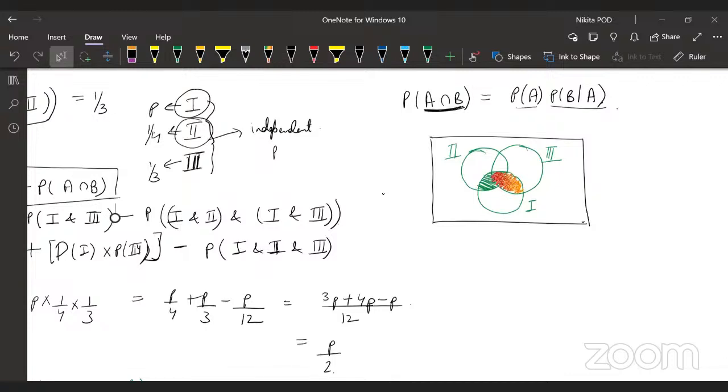The pass in section 1 and 2 is the same as pass in section 1 and 2 and not passing section 3.